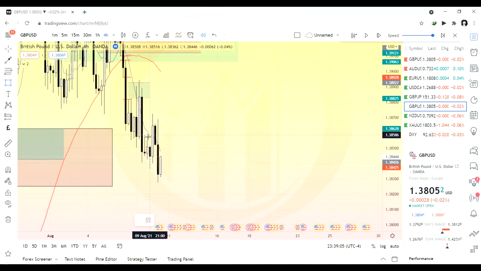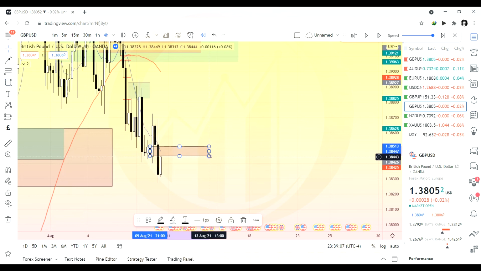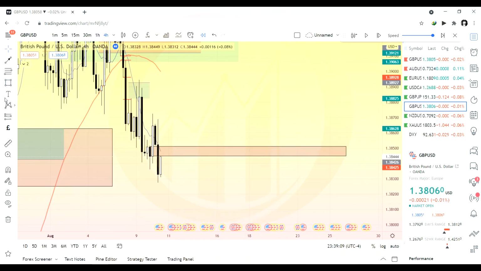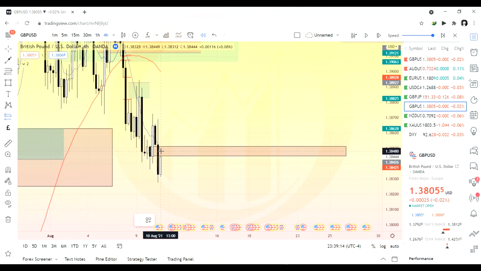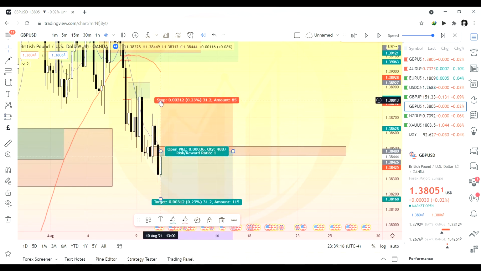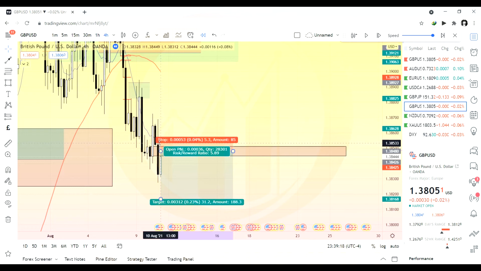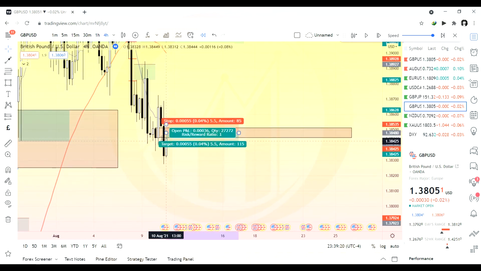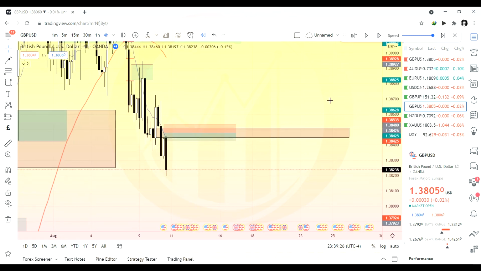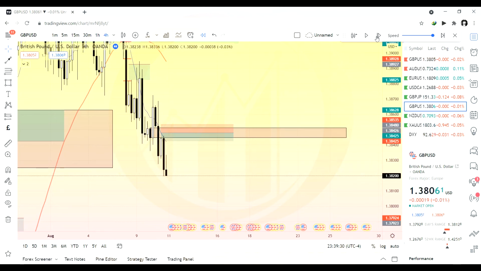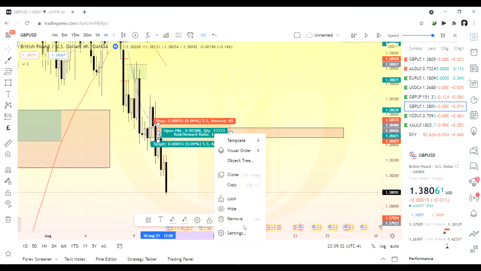Got this small one right here. Make it a small short position. Let's do about 5.5, whatever. Small scalp. We missed it by a hair, but it's fine. Let's delete this.